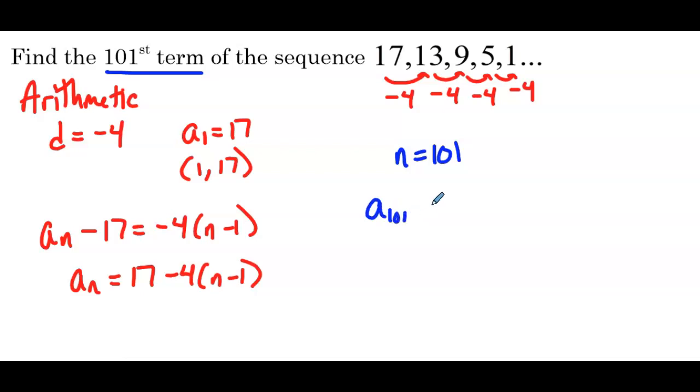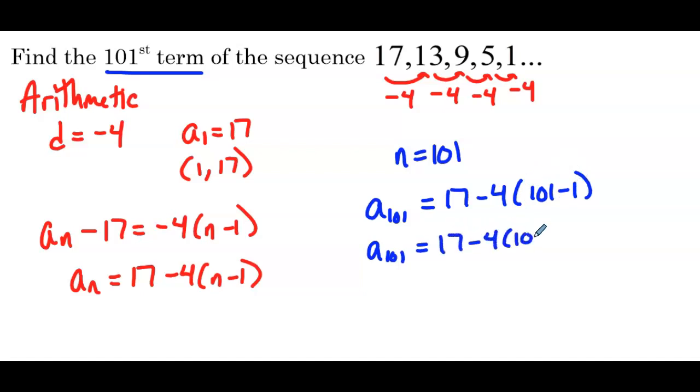So a sub 101 is equal to 17 minus 4 times (101 minus 1). So again, we're going to do the subtraction inside the parentheses first. So 17 minus 4 times 100. Next up comes the multiplication. So 17 minus 400. So the 101st term here is negative 383.